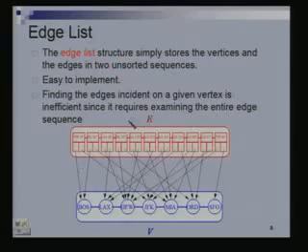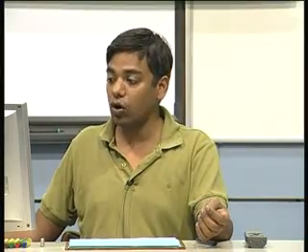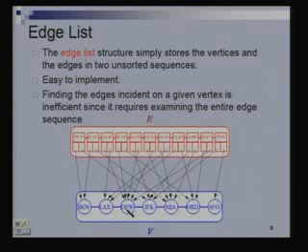But there is one operation which is very inefficient, and that is finding the adjacent vertices of a given vertex. So, suppose I give you a certain vertex, DFW, and I ask which are the vertices adjacent to this. How will I do this? I will have to go through the list of edges and find all such edges. Suppose I wanted to find the vertices adjacent to DFW. I look at this edge.